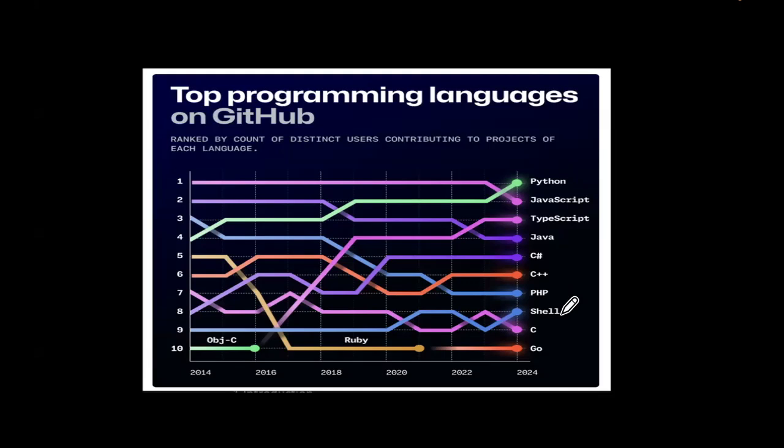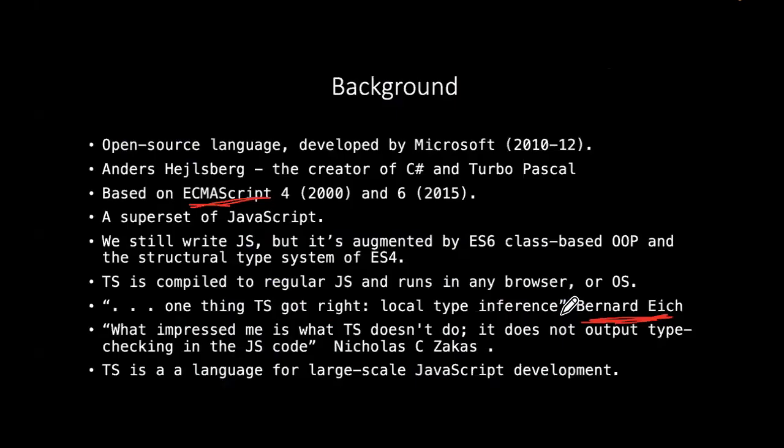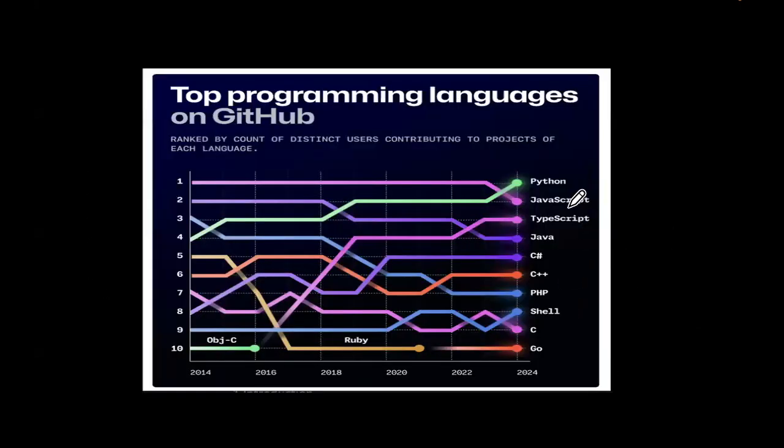What did I say in the previous slide? TypeScript was created around 2012, but all of these other languages predate that. So it has taken a fairly meteoric rise to position number 3.